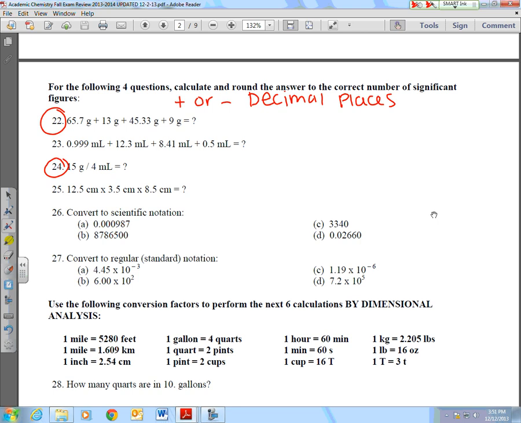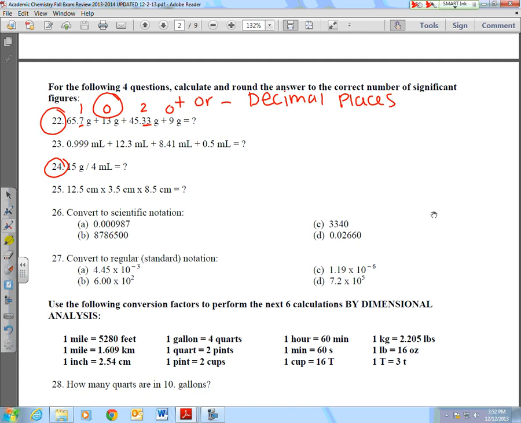Okay, so what do I mean by decimal places? That's kind of important. Decimal places are digits after the decimal. So if we look at this number, how many decimal places does it have? Just 1. How many decimal places does this have? 0. What is the least amount of decimal places? 0. So I want to round my answer so it has 0 decimal places.